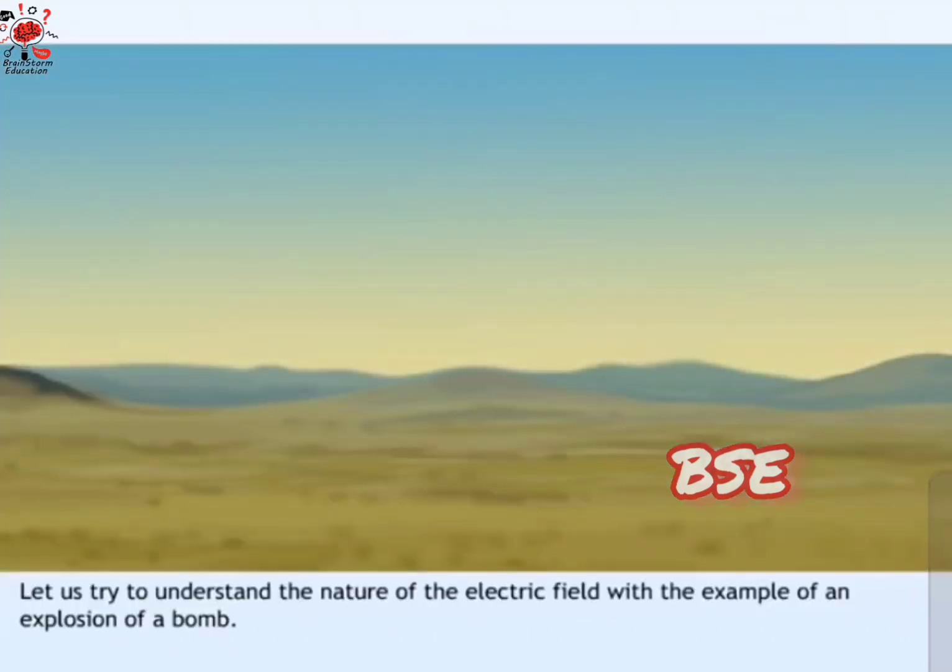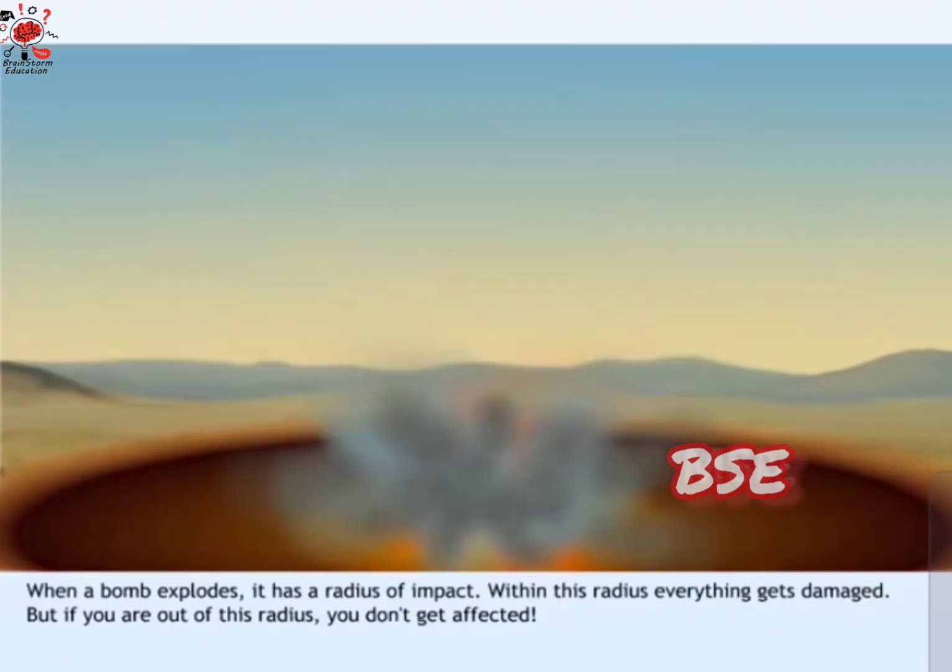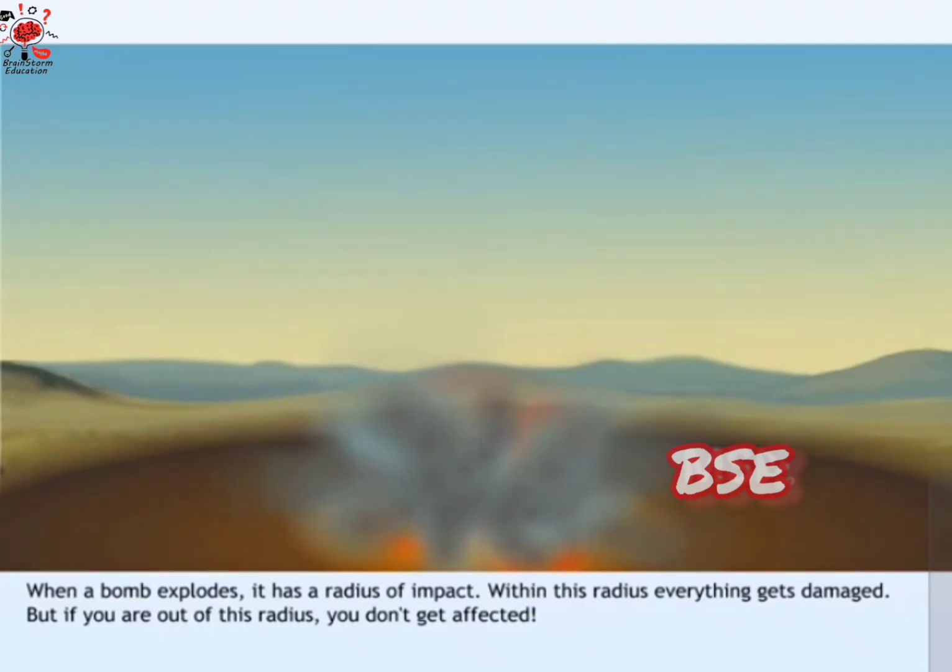Let us try and understand the nature of this electric field with the example of the explosion of a bomb. When a bomb explodes, it has a specific radius of impact. Within this radius, everything gets damaged. But if one is out of this radius, one doesn't get affected.